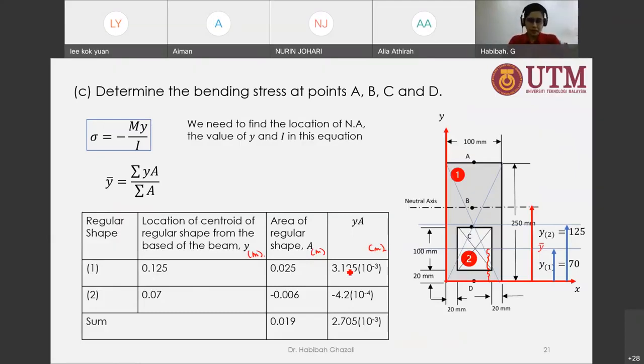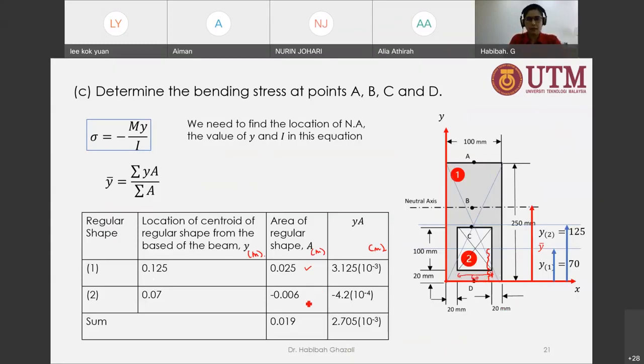Then you find the area. The area is the base times the height. The base of the bigger shape is 0.1 and the height is 0.25. So I get this one. For the smaller rectangle, the hole here, it's 100 millimeter times 60 millimeter. 60 is from here to here.